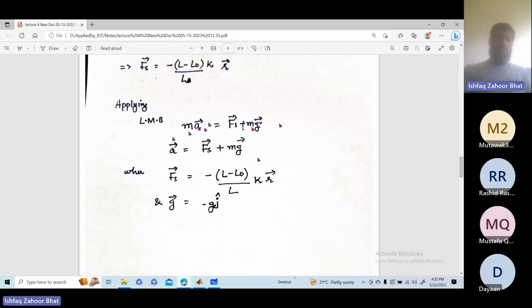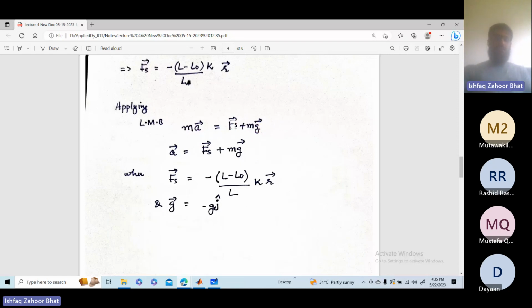That is why I am writing it in the vector form. One thing is for sure: this acceleration is in the xy plane, and this Fs is also in the xy plane, and g is also in the xy plane. I don't know their direction. So this vector form will take these things into consideration automatically. That is why I am writing Fs as a vector.